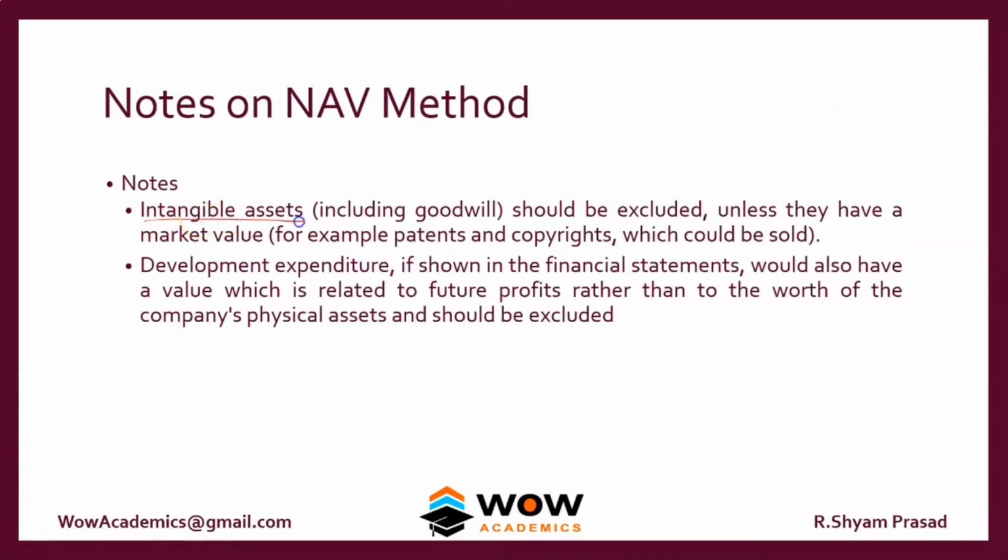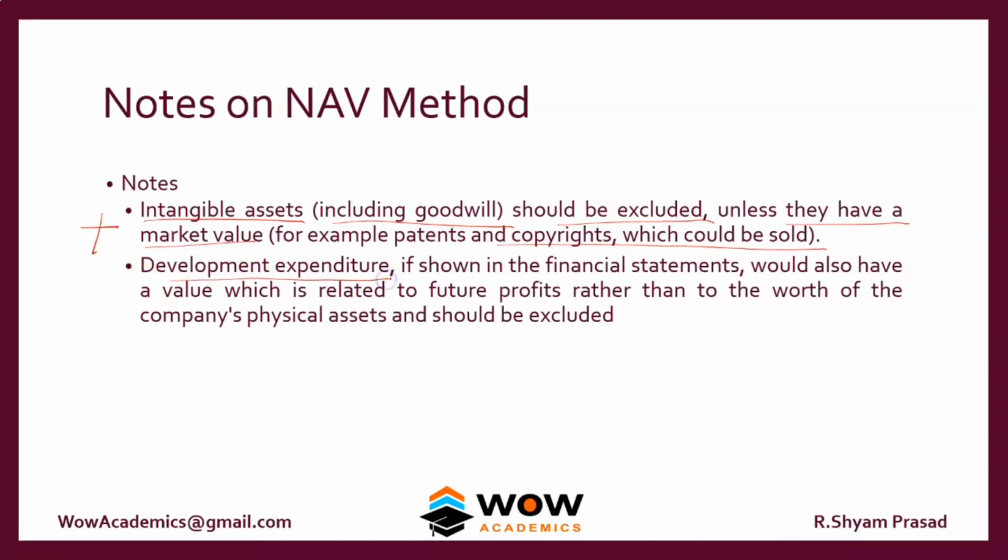So intangible assets, including goodwill, should be excluded unless they have a market value. For example, patents, copyrights, which could be sold. Okay, so only when an intangible asset has a market value, it should be included. If it's going to be a fictitious asset, or an intangible asset generated by the company, then those kinds of intangible assets should be ignored.